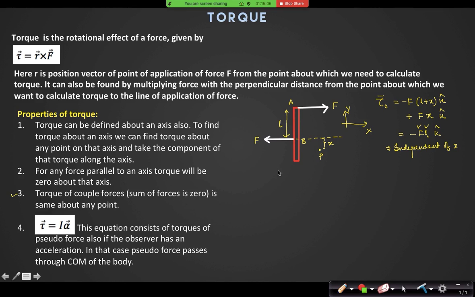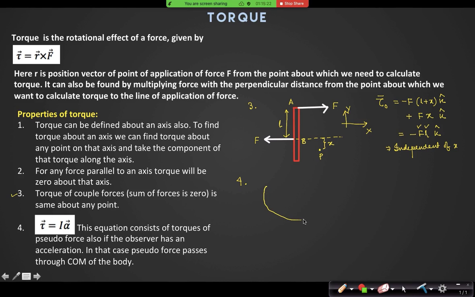Okay, so this was the third point. And now come to the last point: tau is equal to I alpha. How can I say that tau is equal to I alpha?